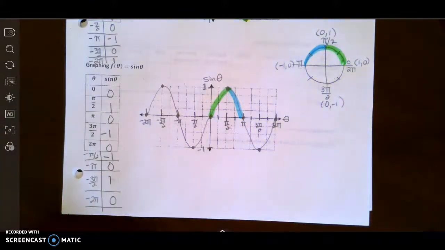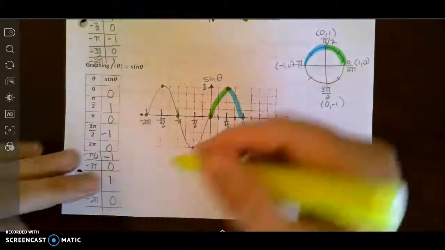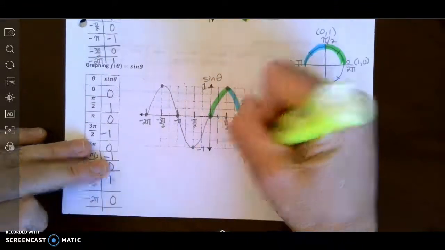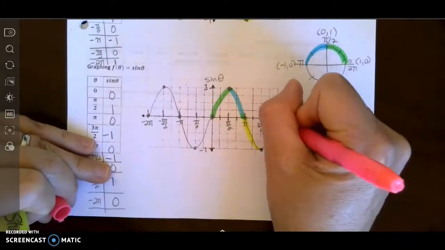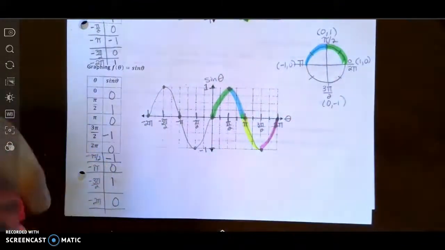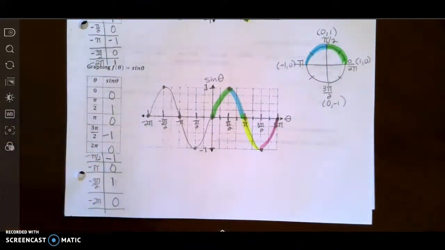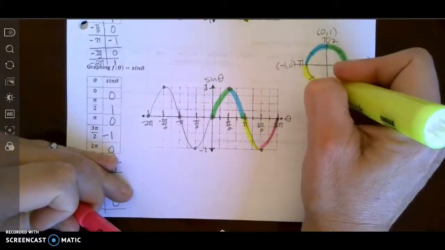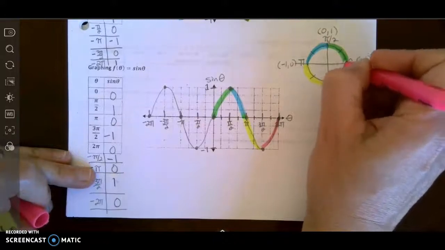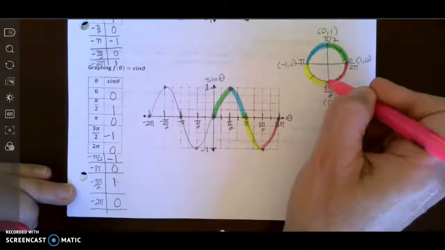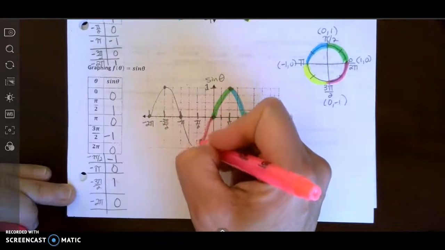And then yellow can be my quadrant 3. And pink can be my quadrant 4. Now when I go backwards, from here I'd be pink.